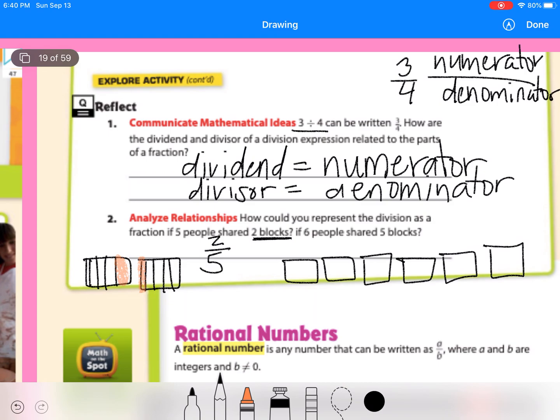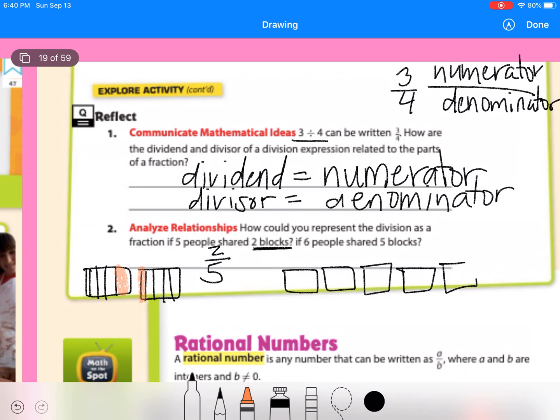Okay, so then, oh, it's 5 blocks, not 6. Okay, so then, if it's 6 people, that's 1 block. Right?